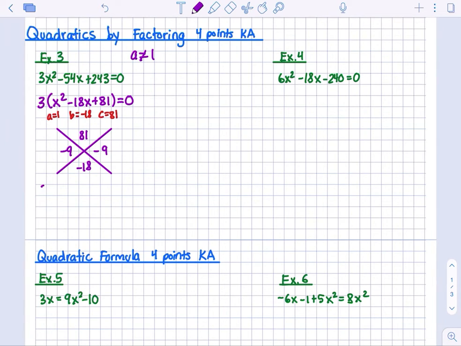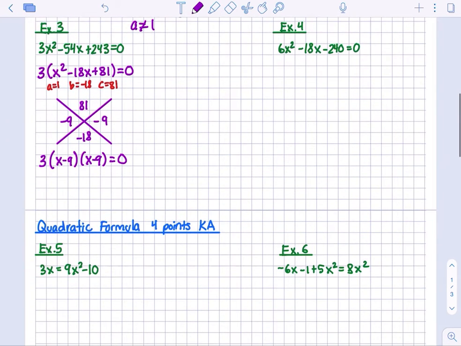So 3, parentheses, x minus 9 is equal to 0. Now you just solve. Zero product rule, right? You disregard this number right there. x minus 9 is equal to 0, or x minus 9 is equal to 0. As you can see, x is going to equal 9 for both of them.